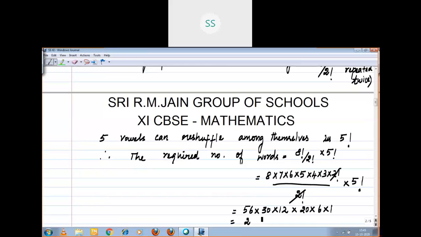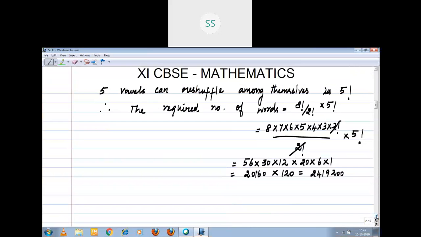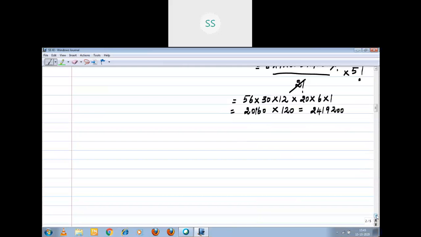Finally, you arrive at the result: 20160 into 120 equals 2419200. You have to check the calculation, children, right? Now I'm going to move to the next one.